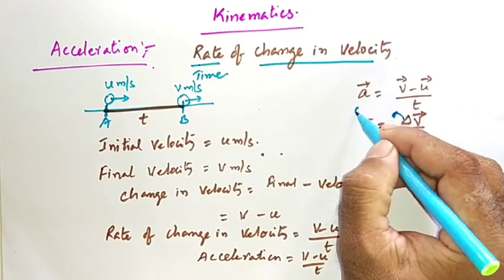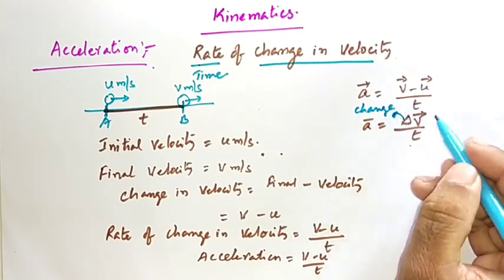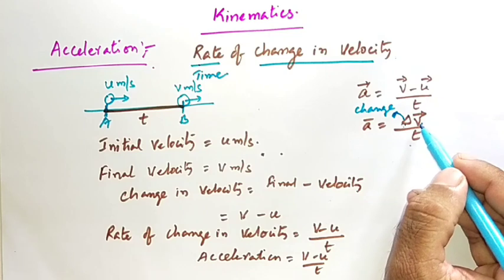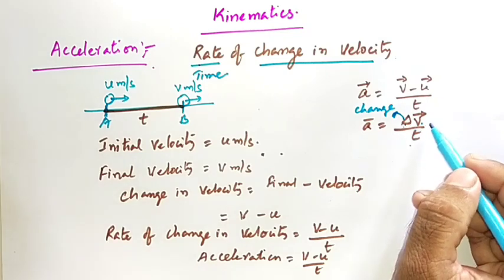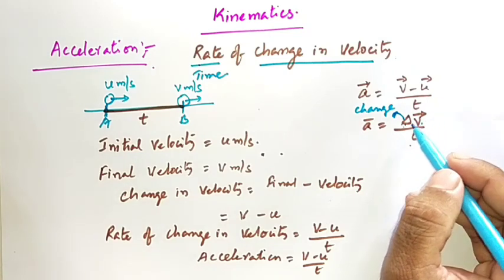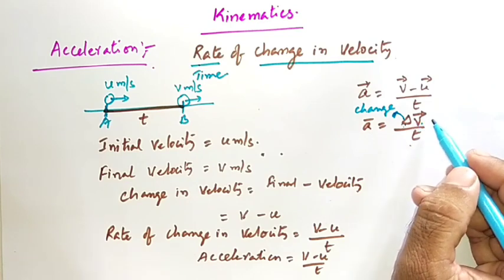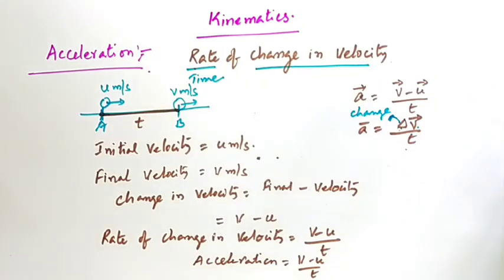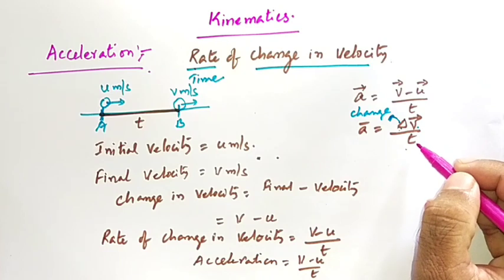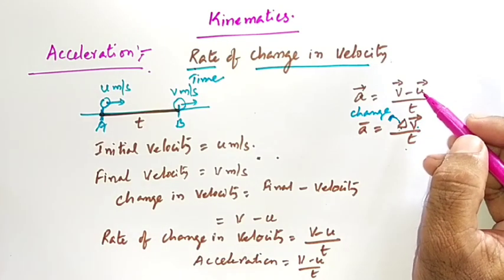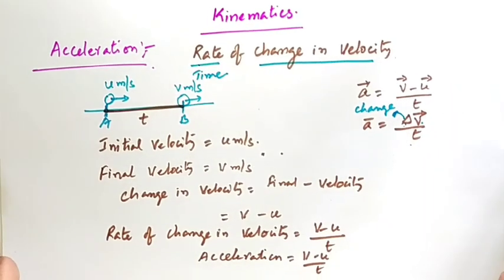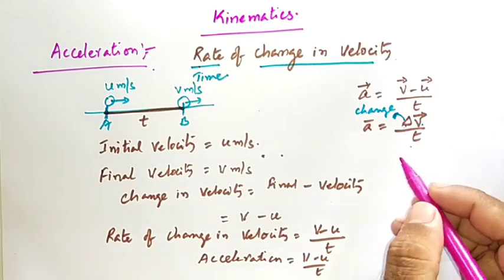Delta v means change in velocity, delta x means change in x, delta y change in y, delta f change in f. Similarly, a is equal to delta v by t, where delta v is nothing but v minus u. So this is the definition and the mathematical formula of acceleration.